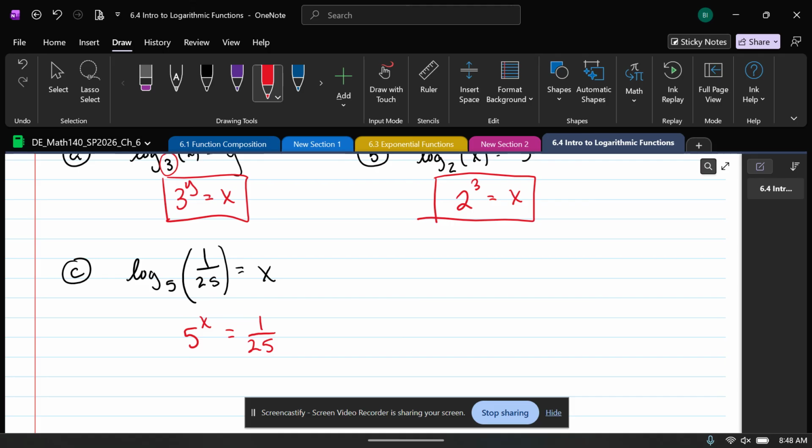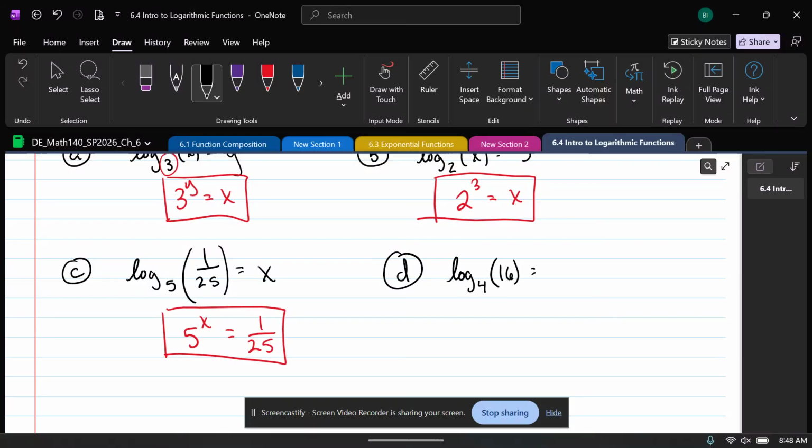Yeah. Now that looks a lot like the equations that we did the last couple of days, right? So here we're taking a log equation, writing it into something that looks like what we've done. That's the whole thing. That's what mathematicians do. We try to turn something into something we already know how to do. Let's go to this one. Log base 4 of 16 is equal to x.